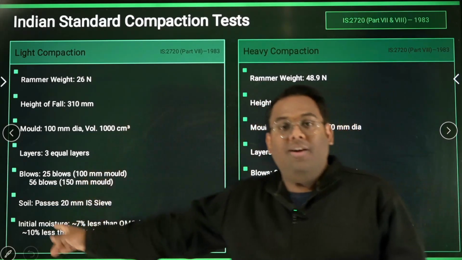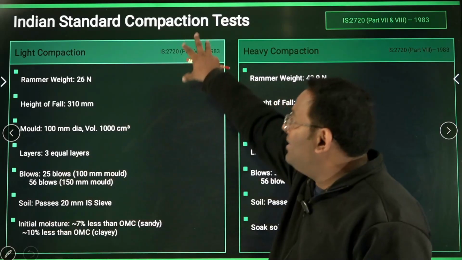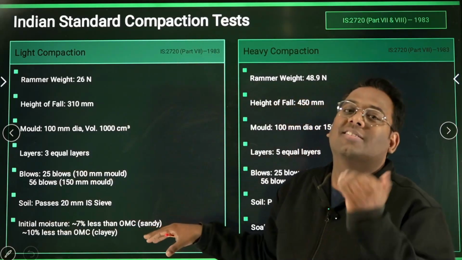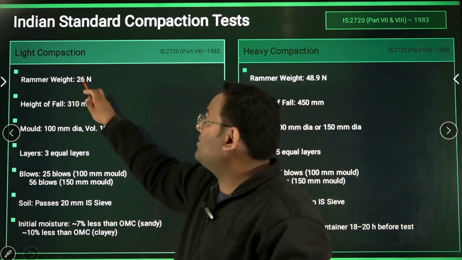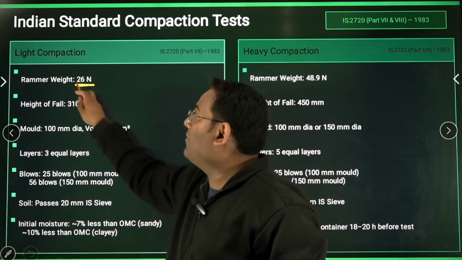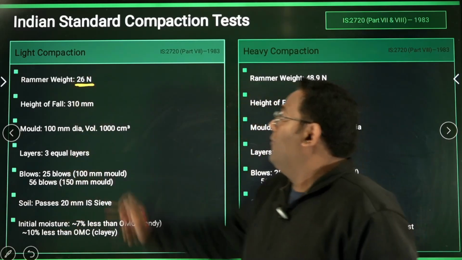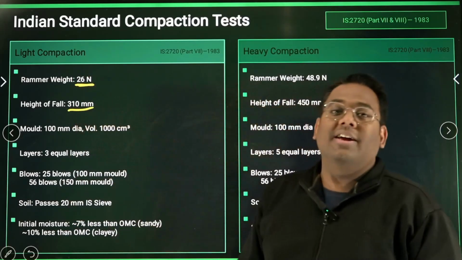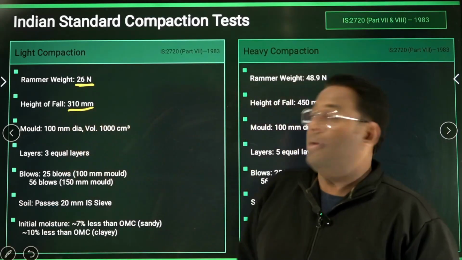If you have learned about the Proctor test, then you can see here that the Indian standard test also follows the same approach. In the standard Proctor test, the weight was 25 Newton, here it is 26 Newton. Not much difference. In the standard Proctor test it was 300 mm, here it is 310 mm.